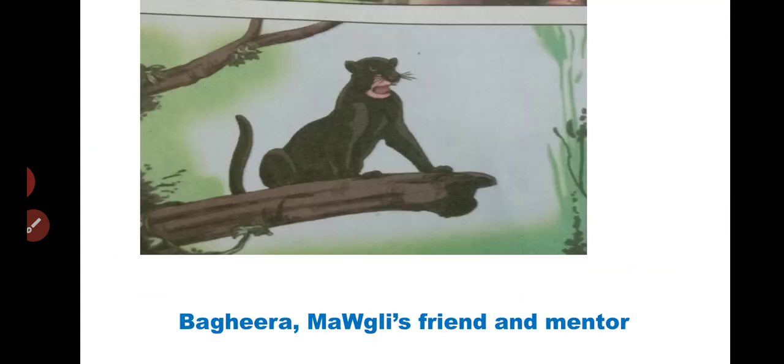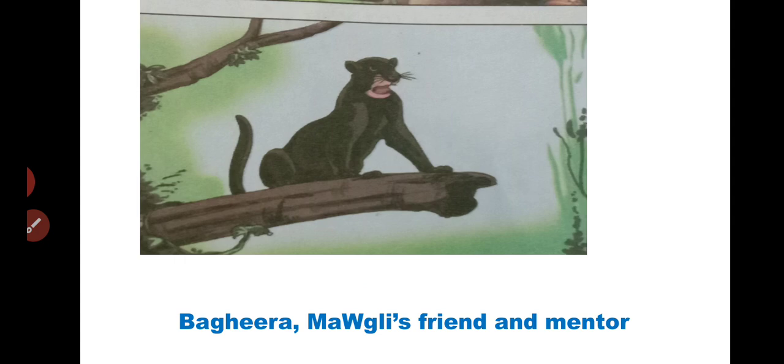The story does not end here. It continues with many more episodes, such as the acceptance of Mowgli by the pack of wolves, the friendship between Bagheera and Mowgli, Mowgli's adventurous trips in the jungle with Balu, Balu means the bear, and the fight between Mowgli and the monkey gang.